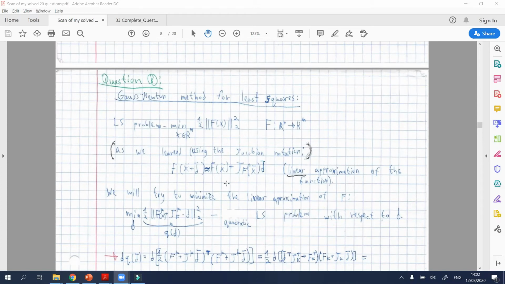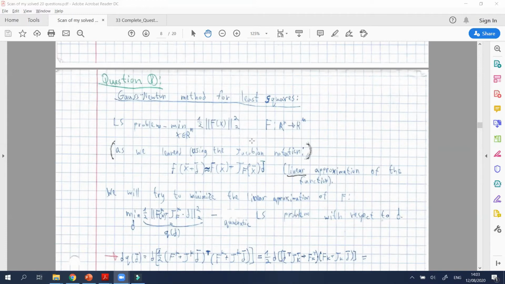A lot of problems could be translated to minimizing this function right here, minimum over a vector x in a space of dimension n, with this least squares function, which is the second norm squared, multiplied by half. So f is a multivariable function which outputs a vector.